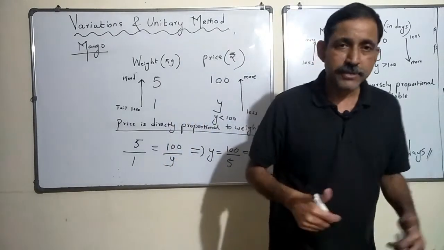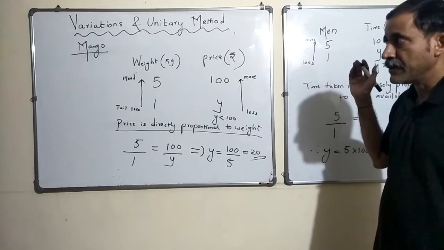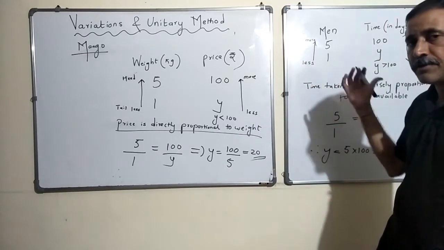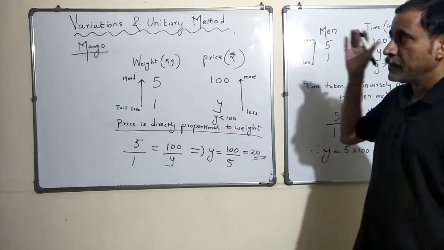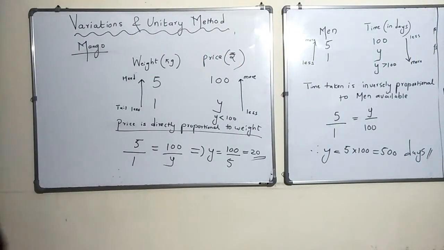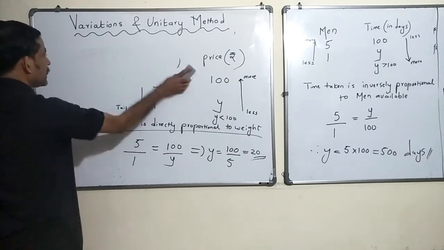And let's solve some problems based on this. Let's see if we can identify whether it is a problem of direct variation or inverse variation. All right, good. So let's take a few examples, very simple examples.